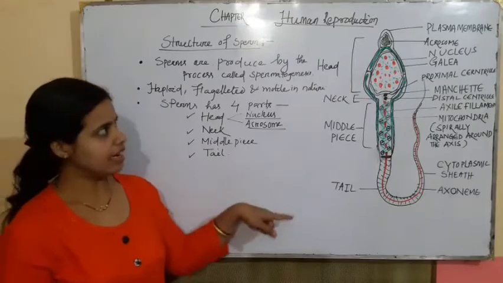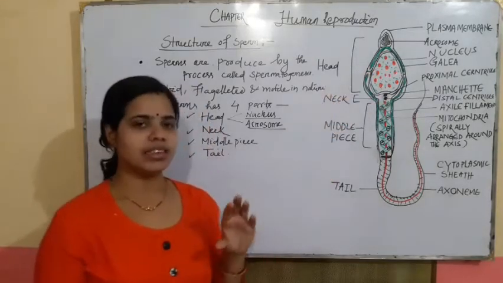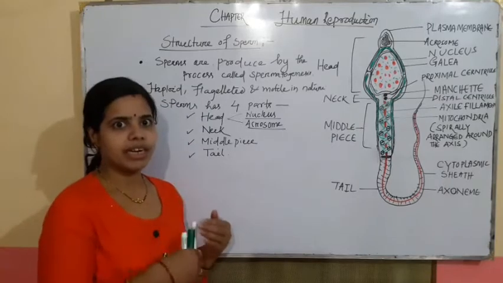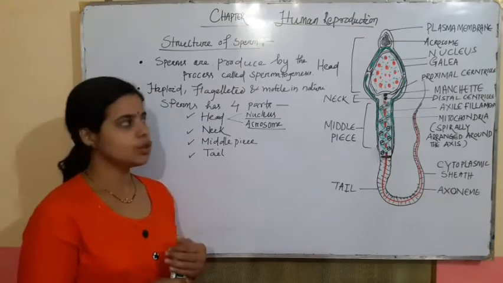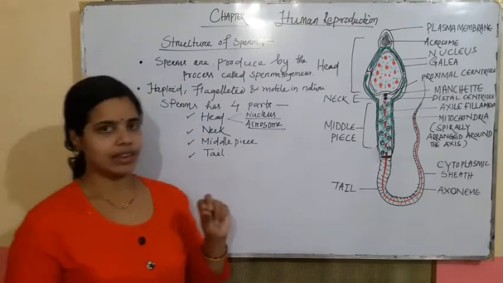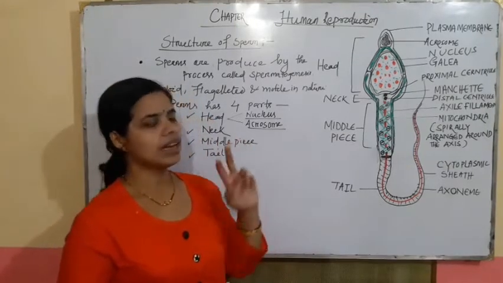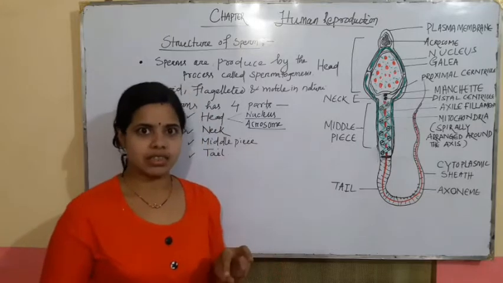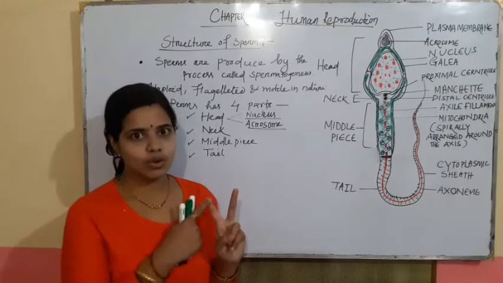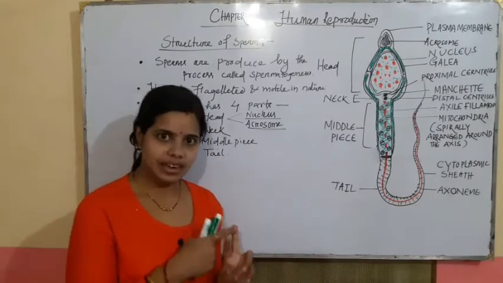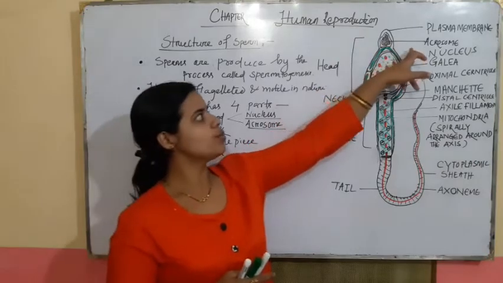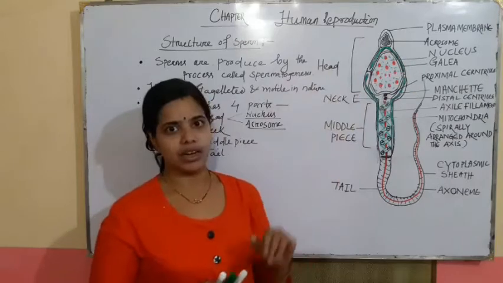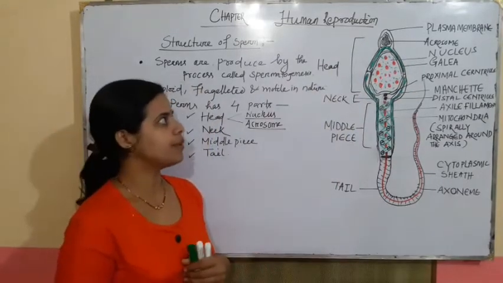During this conversion, certain changes occur, and we discussed that the Golgi apparatus converts into 2 parts. One is your acrosome, another is Golgi rest. So this acrosome is present at the anterior part of the nucleus in the structure of the sperm.